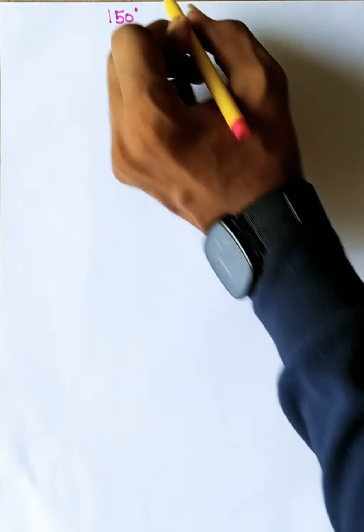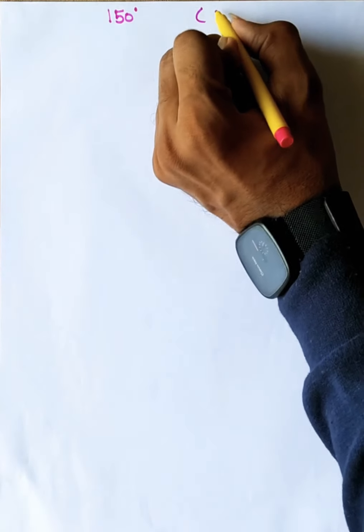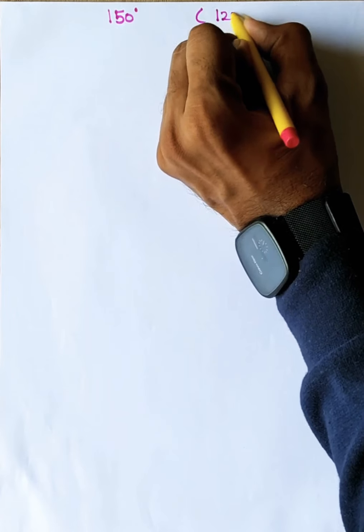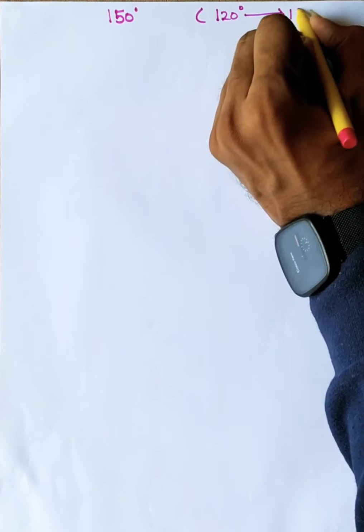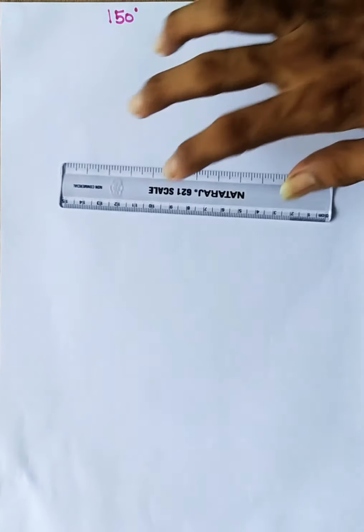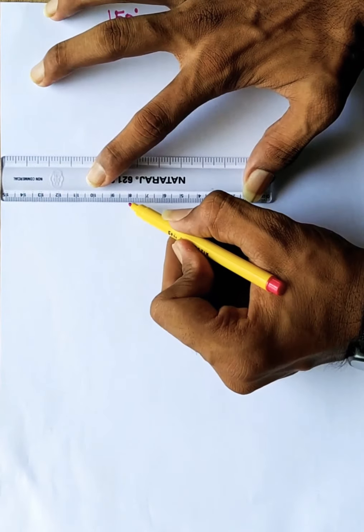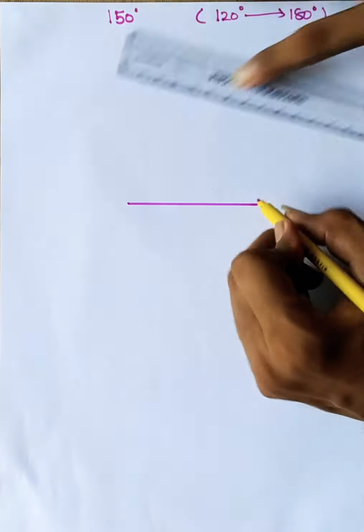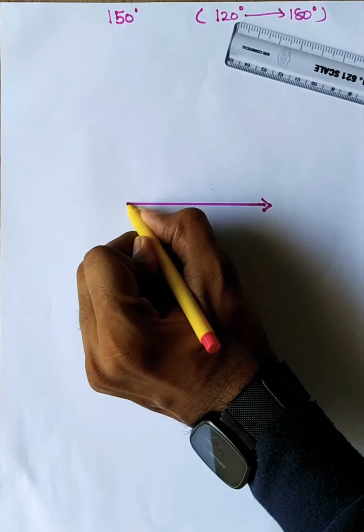Now let us go for 150 degree, that is in between 120 and 180, right? So just as we drew 90 degree, we will have to draw this angle. So let us start with the first step, that is drawing one arm or ray.